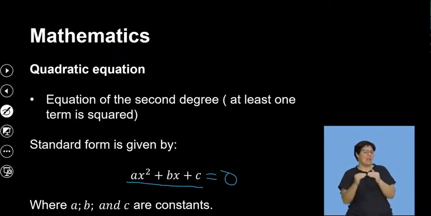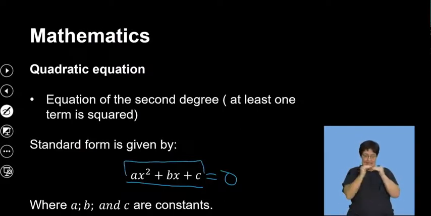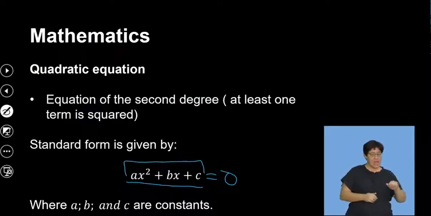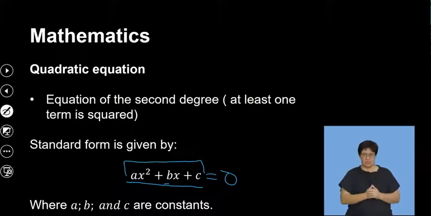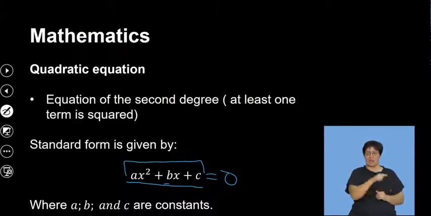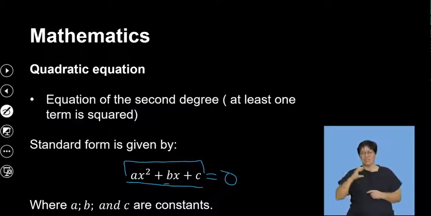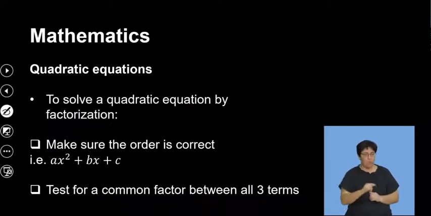The a, the b, and the c are constants. The a and the b we normally call coefficients, and then c is the actual constant, like any number for that matter. Even 0 can be the c, but the a and the b are called coefficients because they are in front of a variable.